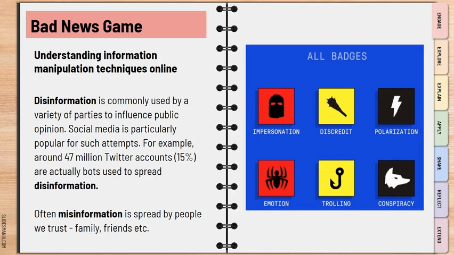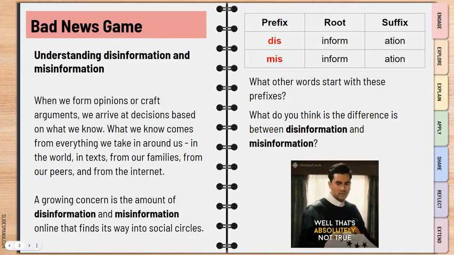So it's when family or friends incorrectly spread information. Now, misinformation can be spread by mistake. Disinformation is spread intentionally. We've got disinformation and misinformation, and these are two key terms that we want to understand to go through our process today.